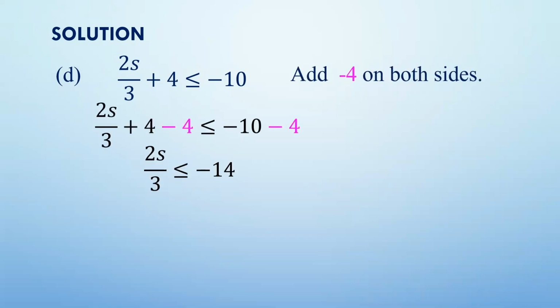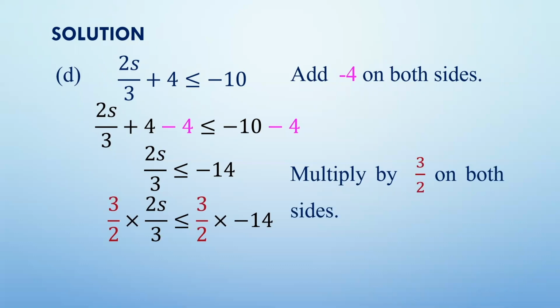And I get 2s over 3 less than or equal to negative 14. I now multiply by the multiplicative inverse of 2/3. That is, I multiply by 3 over 2 on both sides. Finally, I'm going to get s less than or equal to negative 21. That is 3 times negative 7.